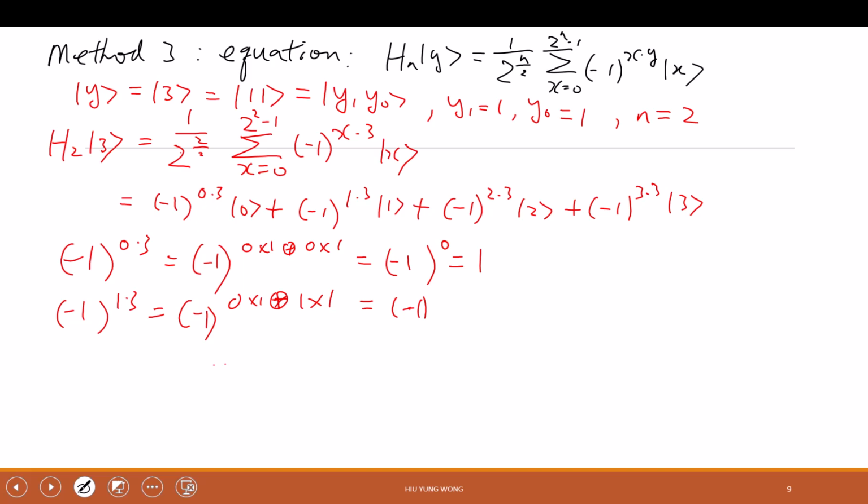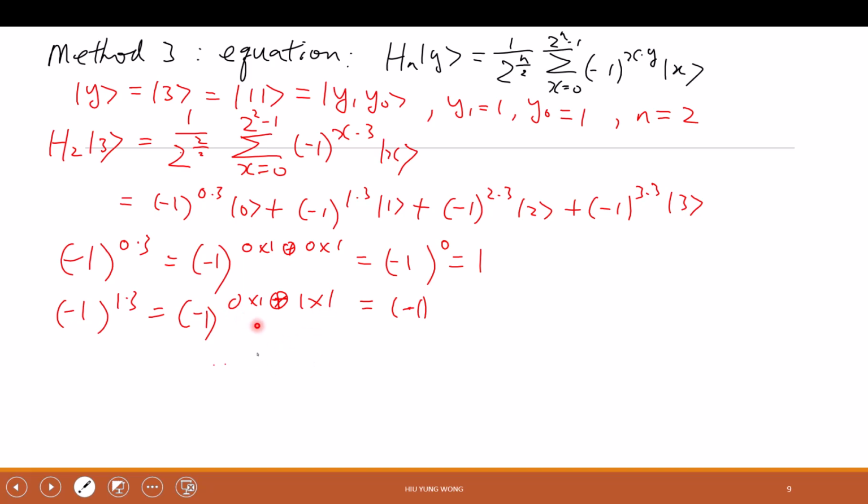What is 0 exclusive or 1? Basically, we're counting whether we have an odd number of 1s or an even number of 1s. Do we have odd or even? No, I'm talking about this term, not about 3, it's about 1.3. How many 1s do we have?